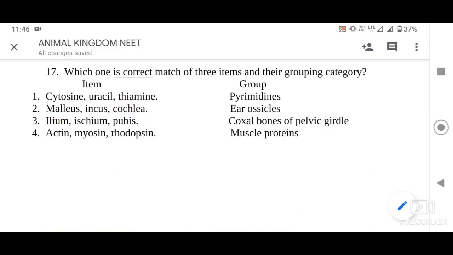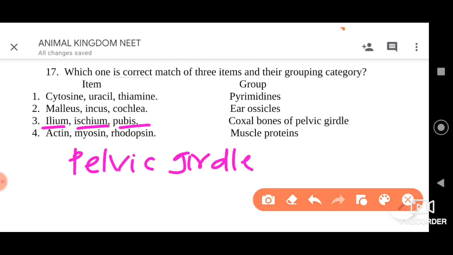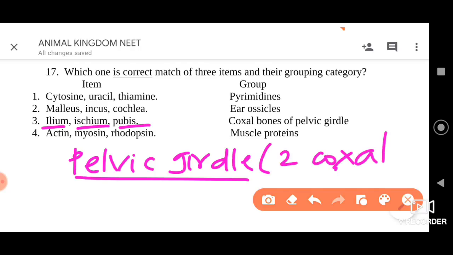Next let us move with the third option. Ileum, ischium and pubis have been given here. Let me tell you that in the pelvic girdle we can definitely find two coxal bones. In each of these coxal bones we can find the fusion of three bones, that is the ileum, ischium and pubis.